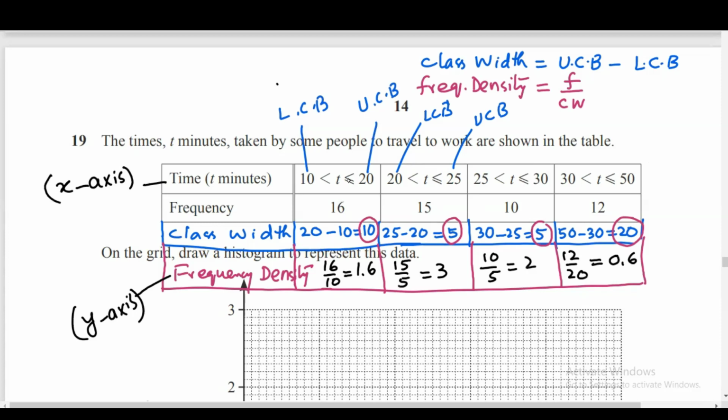The intervals start from the previous value: 20 again starts from 20, 25, 25, then 30, 30. So this data is not the class interval, this data is class boundary.